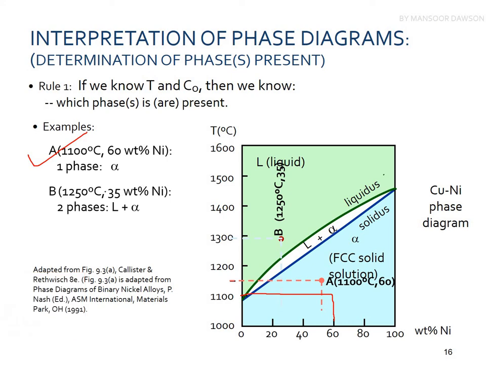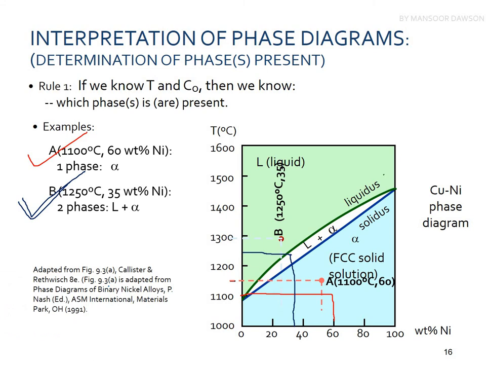For 1250 degrees centigrade, 35% weight nickel, this is the 1250 and around the 35% weight nickel. You can see that this is the metastable state in which both liquid and the alpha phase are present.